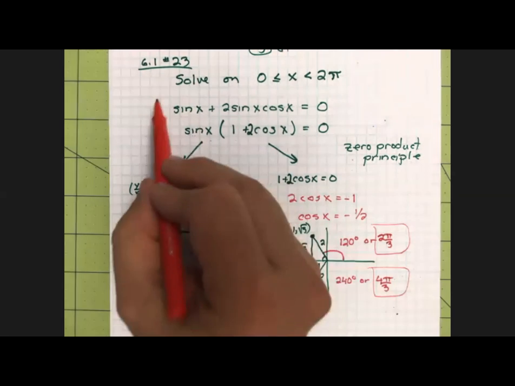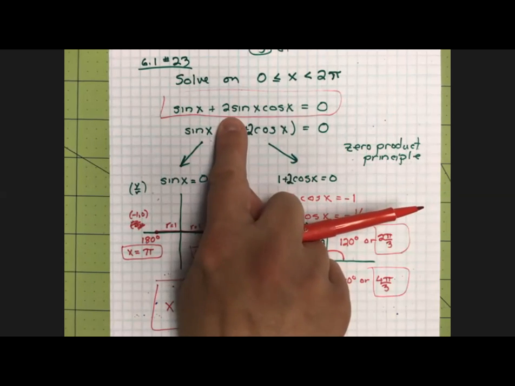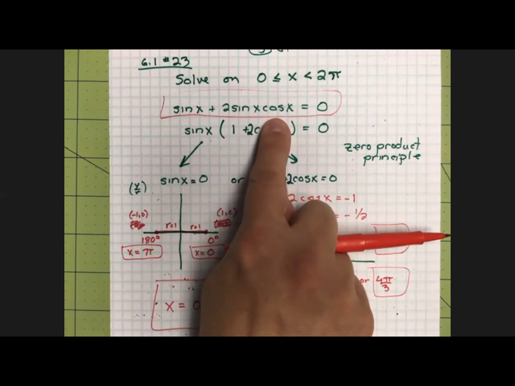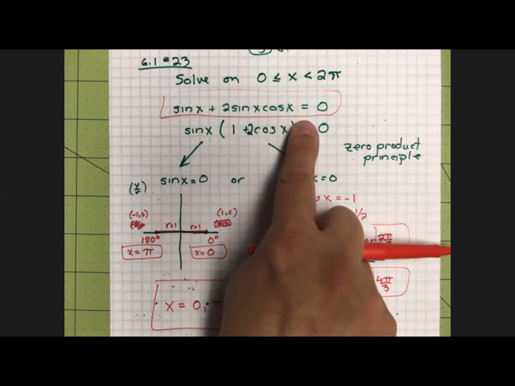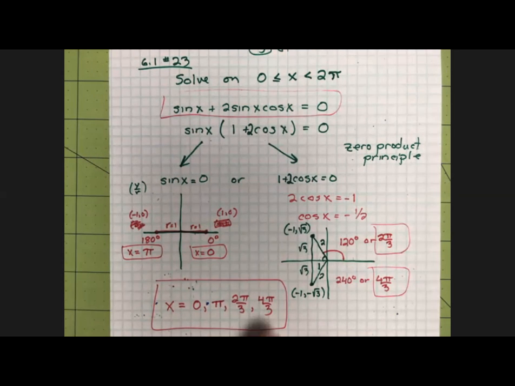In other words, if I graph this function, sine x plus 2 sine x cos x, I'm expecting in 0 to 2 pi to see 4 places where it's 0, and I'm expecting to be able to see those places. Since these are exact values, I'm hoping that I get to see the exact values. Let's pop over to Desmos.